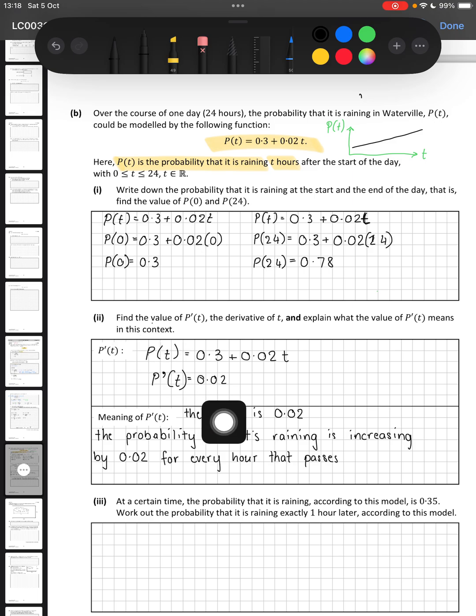Go back and reread the question and see if there are any other words that you can put in here that they use. Over the course of one day, I could say over the course of that day, the probability that it's raining in Waterville, P of T. For every hour that passes, I might say after the start of the day.